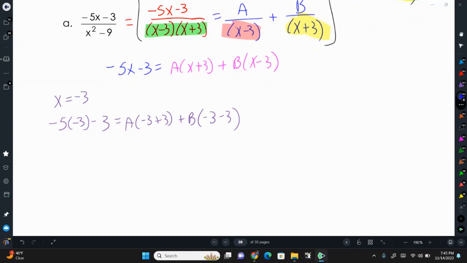The left side will be -5 times -3 is +15, minus 3 is 12, equals, this part right here is going to equal 0 because -3 plus 3 is 0. And then we have -3 times -3 minus 3, which is -6. So -6b. Divide both sides by -6. b is equal to -2.